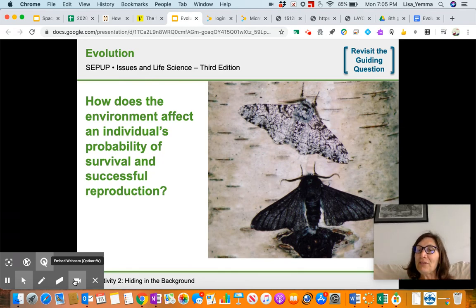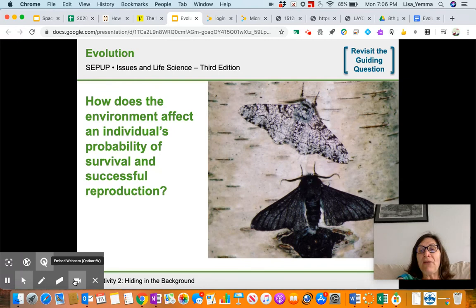What happened after the Industrial Revolution, when we started burning all that coal, is as that coal and that soot covered those trees, all of a sudden it was the peppered moth that became easier to see. And it was the peppered moths that didn't survive as well in the environment. And lo and behold, the population of moths became more black. That is evolution, and it happened right before our eyes, where the population changed.